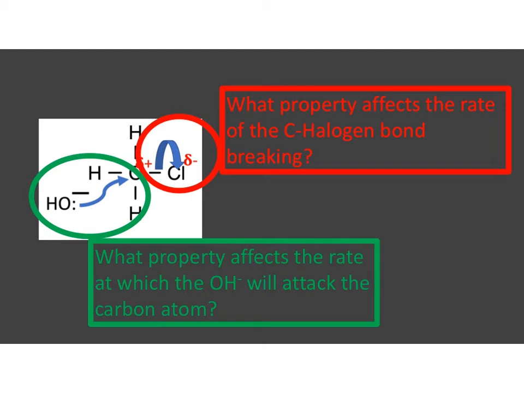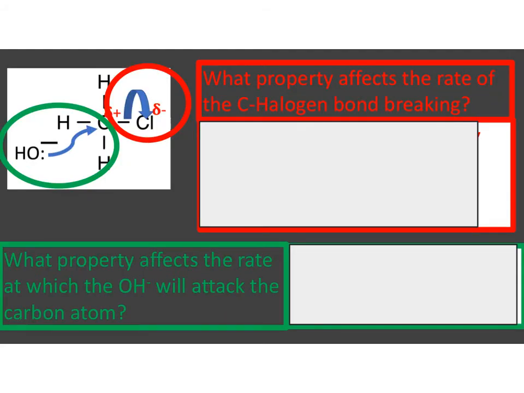For example, it's no good if my hydroxide ion is attacking my carbon really well, and I've got lots of collisions between hydroxide and carbon. However, that bond is so strong that it doesn't break, and therefore the hydroxide ion cannot form a bond with the carbon. So let's have a look at each of those steps.